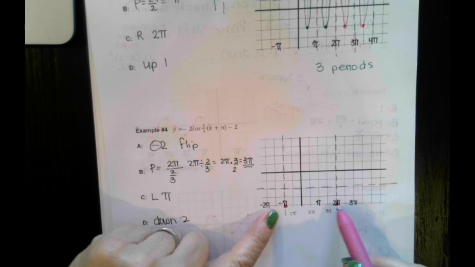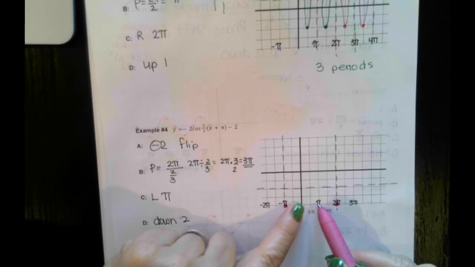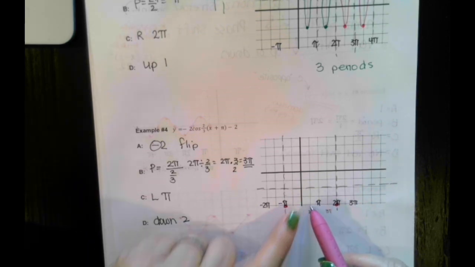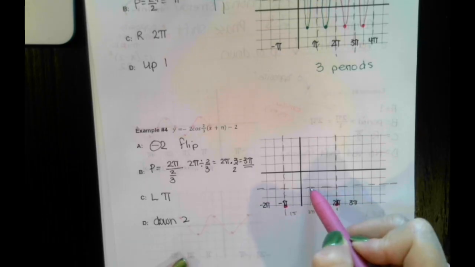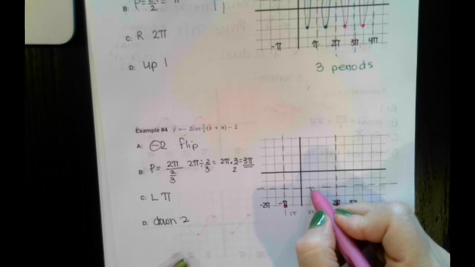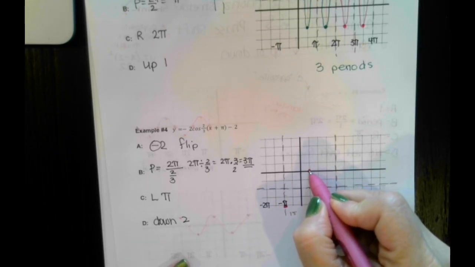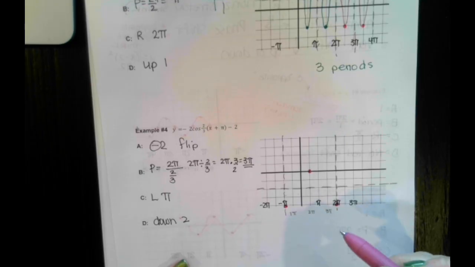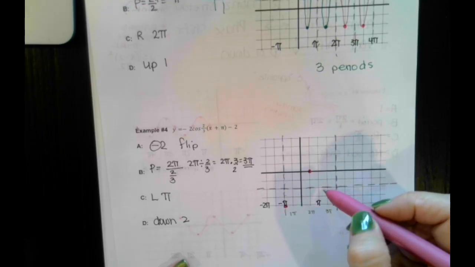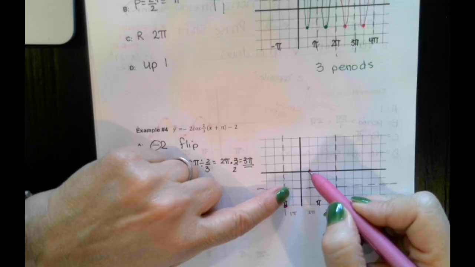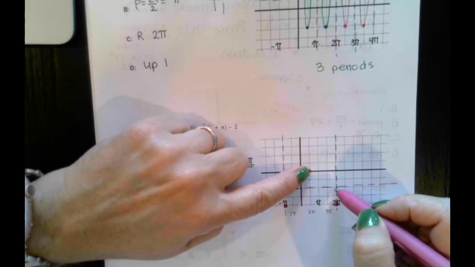Okay, so I'm going to go halfway between these. If I go 1 pi this way and 1 pi this way, this is halfway in between. And so back from my x-axis, I'm going to go to the other direction. So this is my point that I have. And then my zeros are halfway in between. So if I look at what's halfway in between, it's going to be right in here somewhere. And if I look at what's halfway in between these two, it's right in here somewhere.